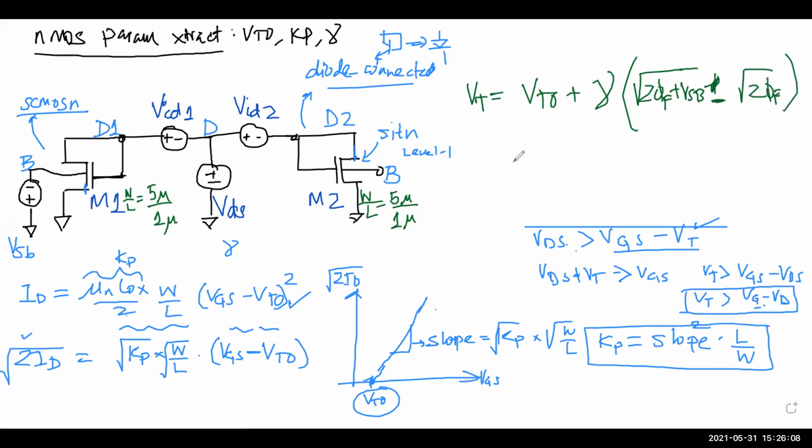Then gamma is equal to VT at whatever VSB you're measuring minus VT0, divided by this term here. So that'll give us VT0, KP, and gamma. Everyone good with this slide, or does anyone want to still copy some stuff? All right, let me go ahead to the next slide and then we can come back.